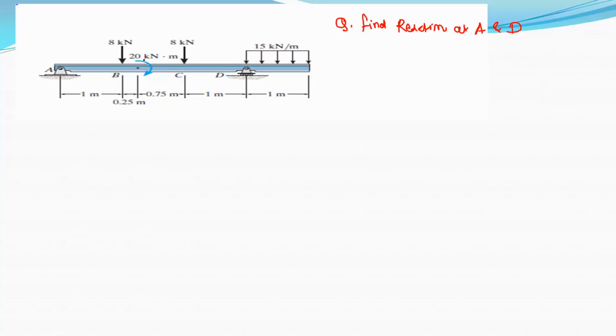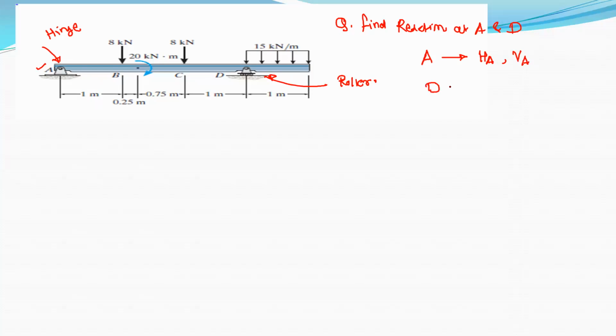If you observe the given beam ABCD, point A is the hinge support, and point D is the roller support. So to find these reactions, point A will have two reactions: one is the horizontal reaction, HA, and the second is the vertical reaction, VA.